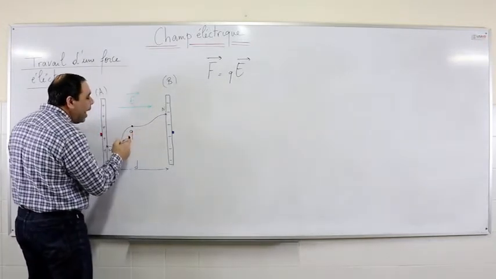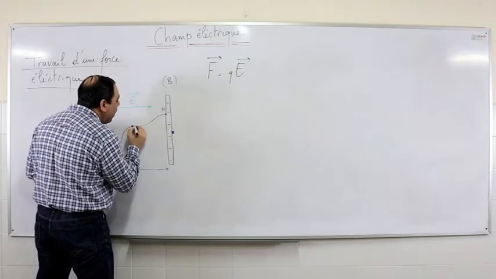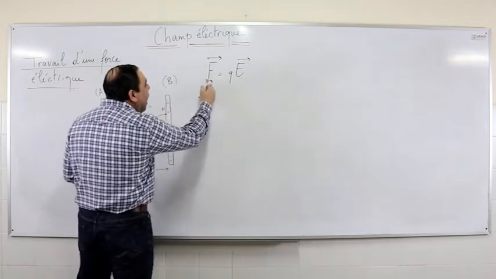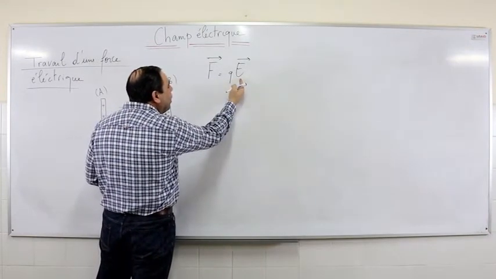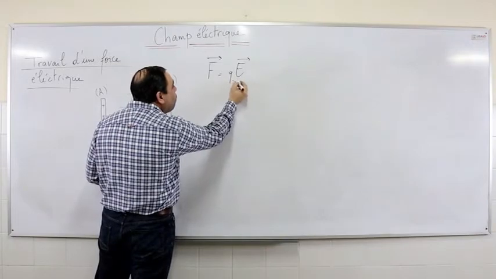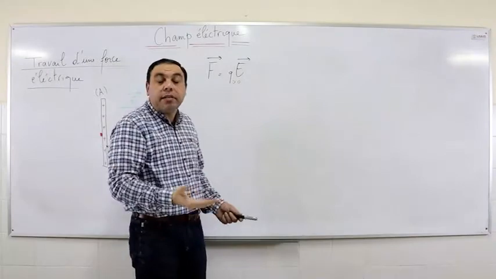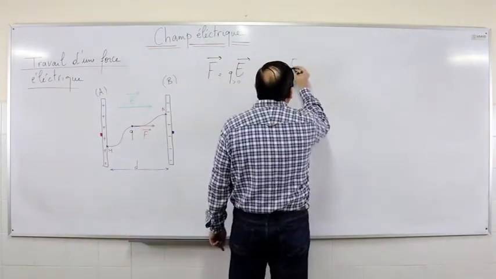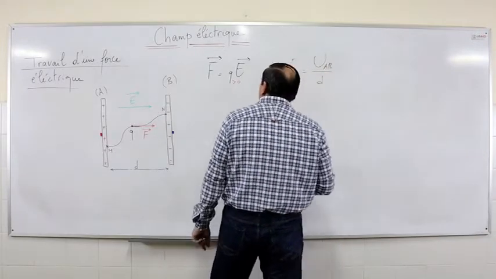The force F to which the charge is subjected is parallel and has the same direction as E. Since F and E are proportional vectors, hence parallel, also Q is positive, so they have the same directions. E is the electric field between the two plates. The magnitude of E is given by the formula UAB over D.